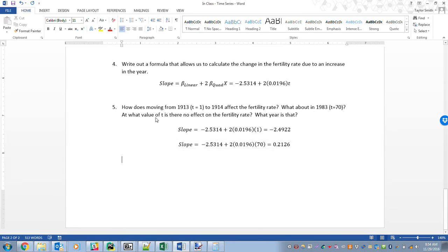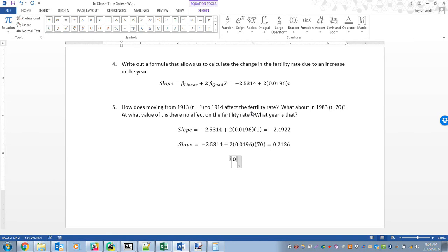Now, last question. At what value of t is there no effect on the fertility rate? No effect means the slope is equal to 0. And so what we can do then is come here and find out at what point the slope is equal to 0. So the way we're going to solve that is we're going to solve for t when the slope is 0. So let's do that.